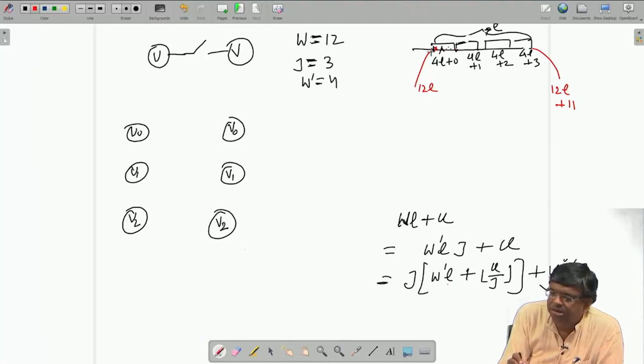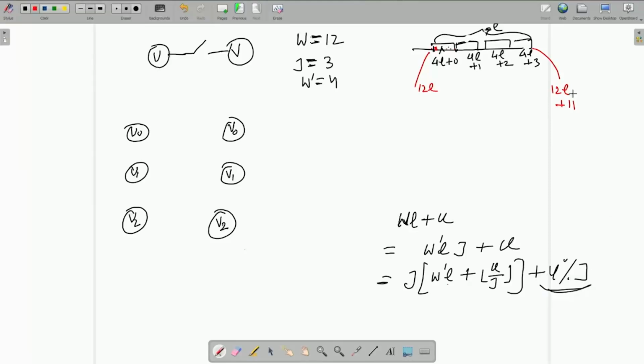But in terms of bit indices, 12L up to 12L plus 11, because every word cycle has 12 bits. I am dividing them into blocks and making them parallel, so blocks are in terms of 4L, because the total is 12 and I am taking 3 at a time. So 4 into 3 is 12. I have 4L, 4L plus 1, up to 4L plus 3. But in terms of actual bits in the bit-serial system, 12L plus 0, 12L plus 1, 12L plus 2, up to 12L plus 11.